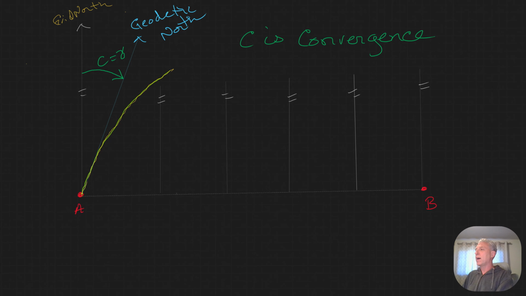But what we find is as we march eastward, that convergence becomes less steep until we get here. And this is going to kind of be intuitive. Let's say this is our prime meridian.